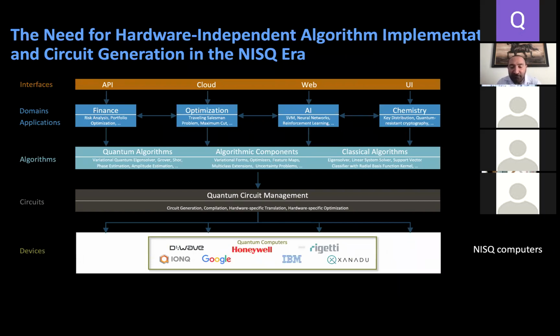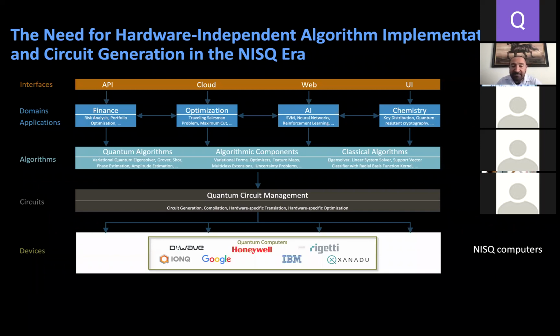Remember, I mentioned also that in this era, the NISQ era, it's important to be able to move from one hardware device to another. I think it gives us some flexibility to experiment with different computers.